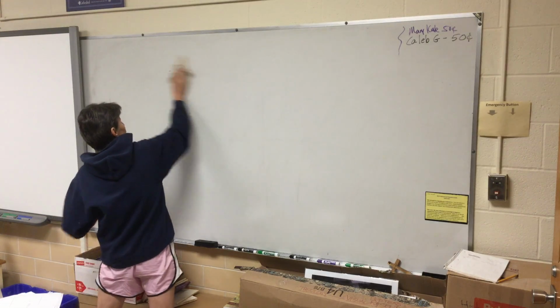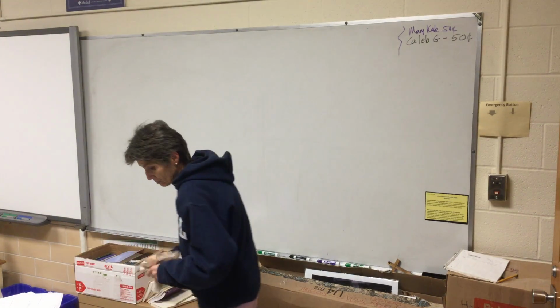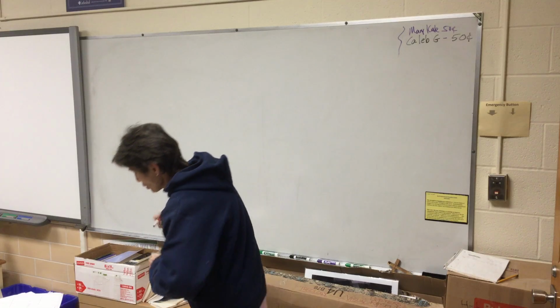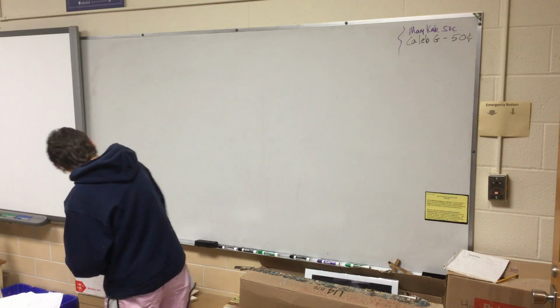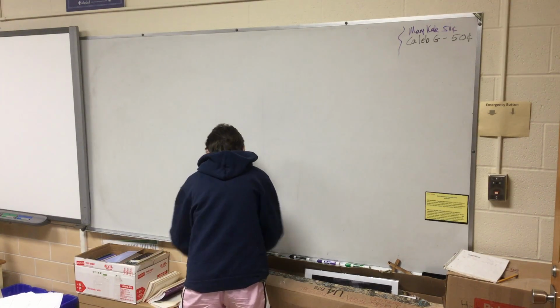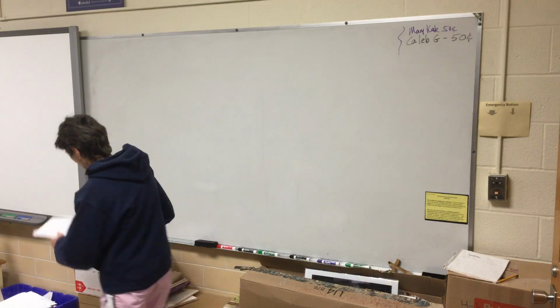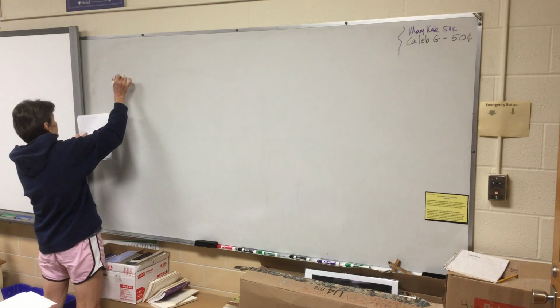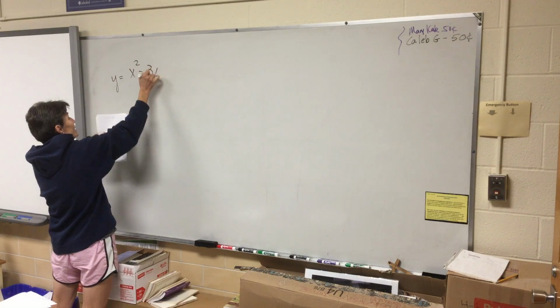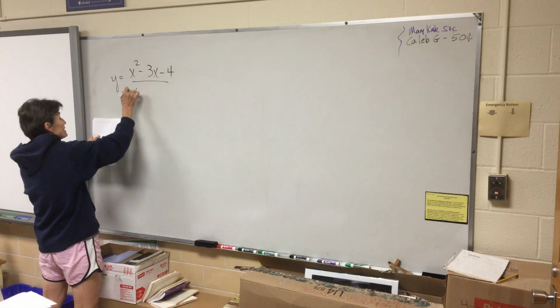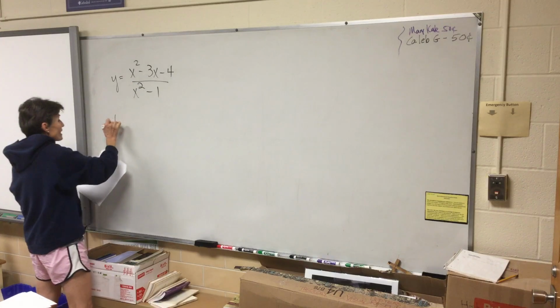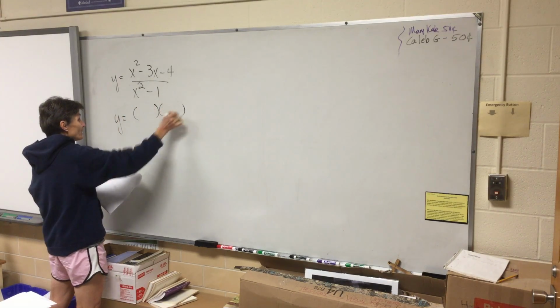So how do you think we'll start this? What would be the best way to start this? Factoring. Thank you. And does anybody want to volunteer the factoring for this? It looks like we can factor the top and the bottom.